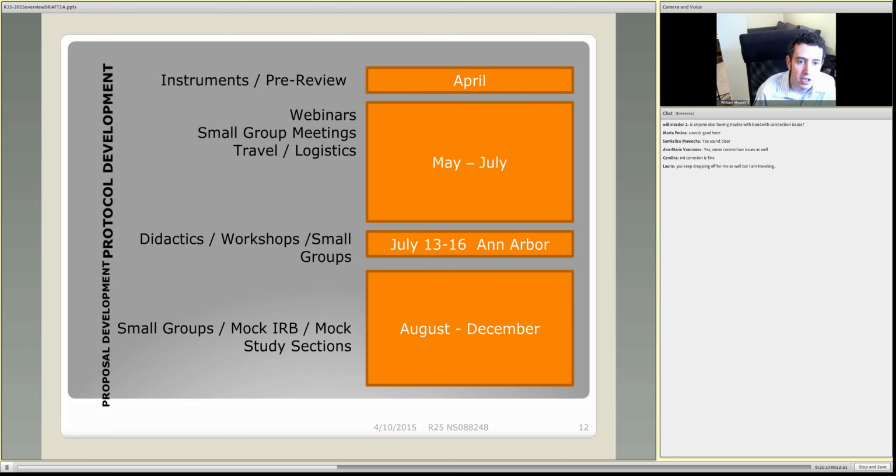This is in contrast with small group meetings where there will be 2 faculty members along with 4 of the trainees in each group, and that will be much more hands-on and based on the items that are going into your protocol development. We have 8 small groups, and those meetings will occur at times that are convenient for those small groups, and we'll help those small groups do some matchmaking to find those times.